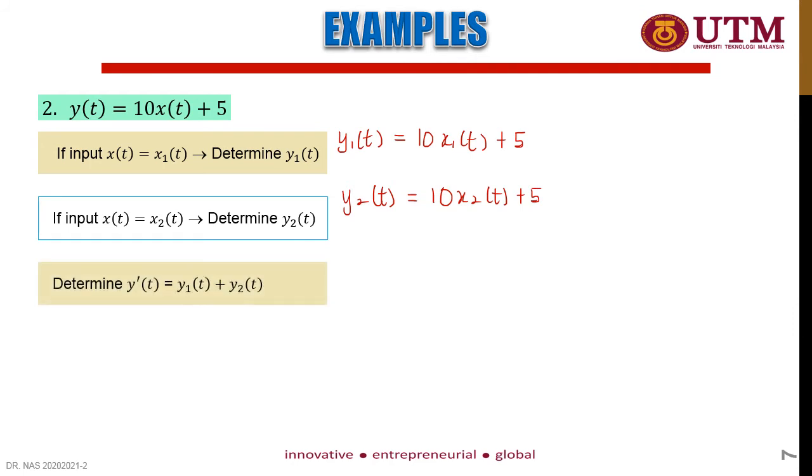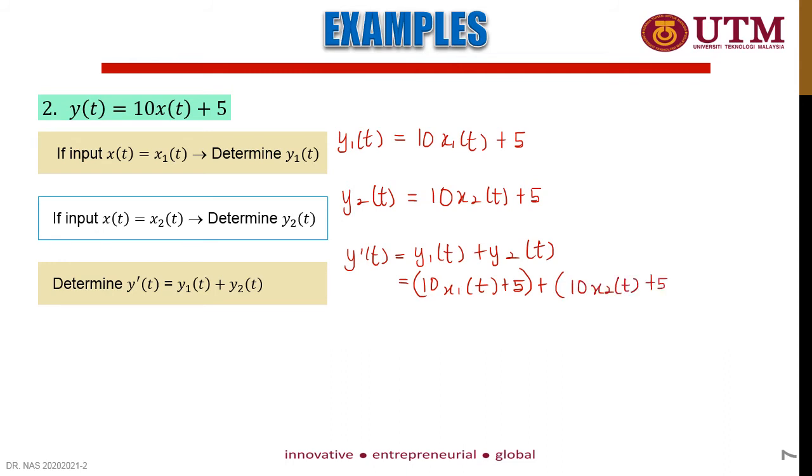The third step, determine y prime(t). You need to add both y1 and y2. So y prime(t) equals y1(t) plus y2(t). In this case, it is equal to 10x1(t) plus 5, this is your y1(t), plus 10x2(t) plus 5.